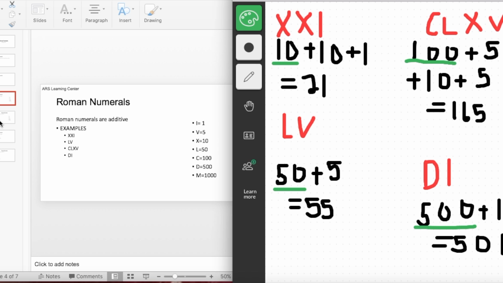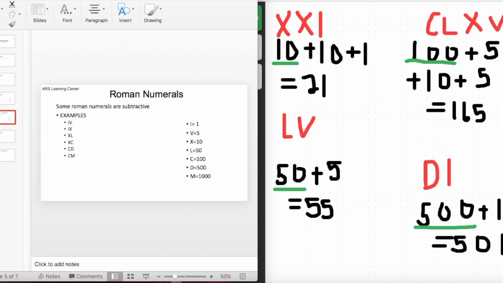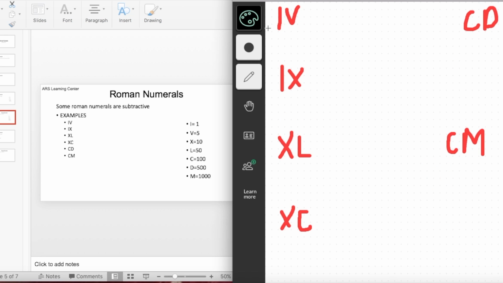Now, some Roman numerals are subtractive. Let's look at some examples. IV, where I stands for 1 and V stands for 5. So we have 5 minus 1, which is 4.